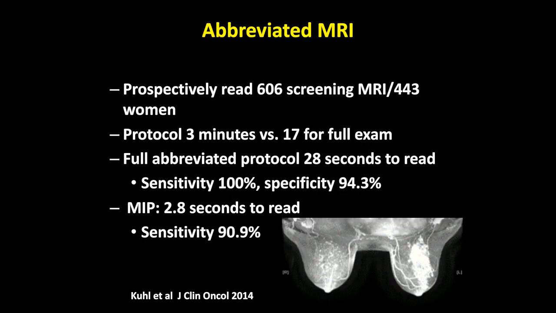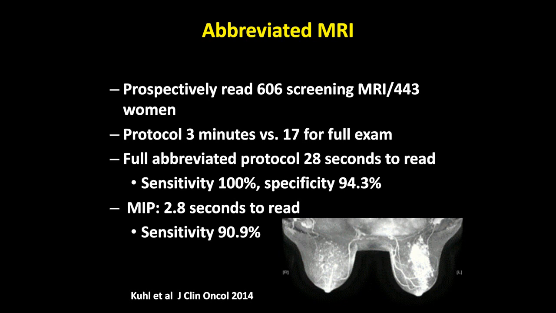One way to make MRI more available is to use an abbreviated group of sequences, and Christiane Kuhl and colleagues prospectively read 606 women who had protocols that were done in 3 minutes compared to 17 minutes. The full abbreviated protocol took 28 seconds to read and had a sensitivity of 100% with a very high specificity.